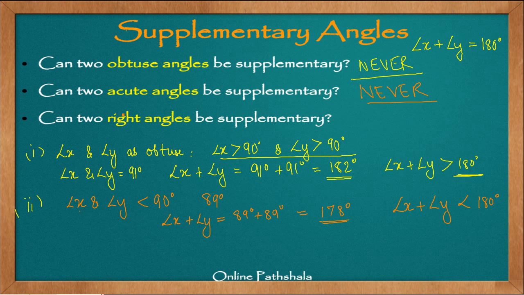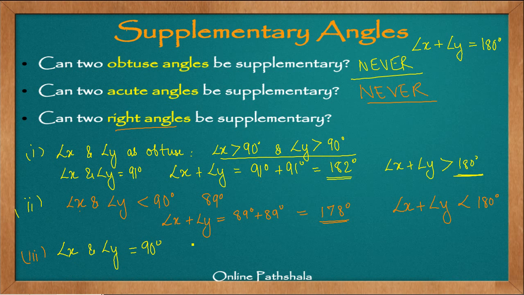Now let's look at the third one. Can two right angles be supplementary? When we say right angles, it simply means that both angle X and angle Y are equal to 90 degrees.